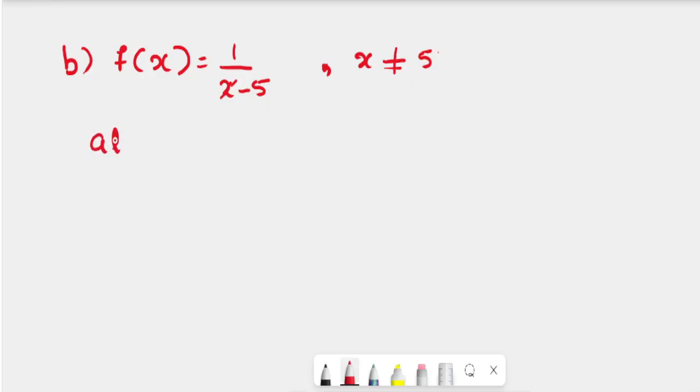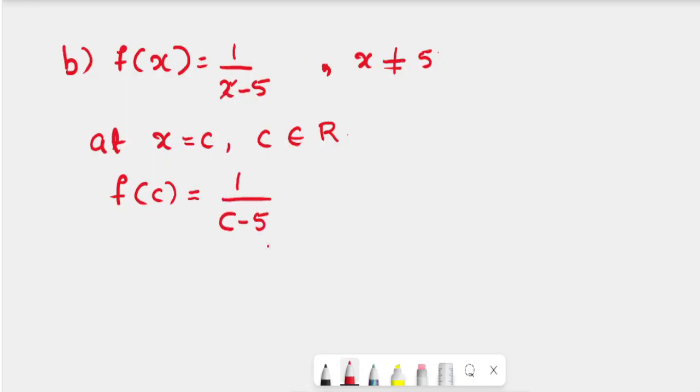So we can take x equals c, where c belongs to real numbers. First we'll see what is f of c. In this function put c instead of x, that is 1 by c minus 5. This is f of c.